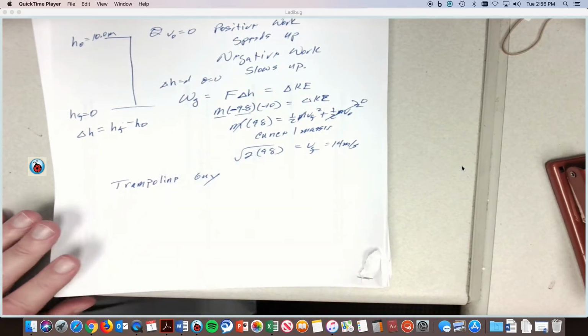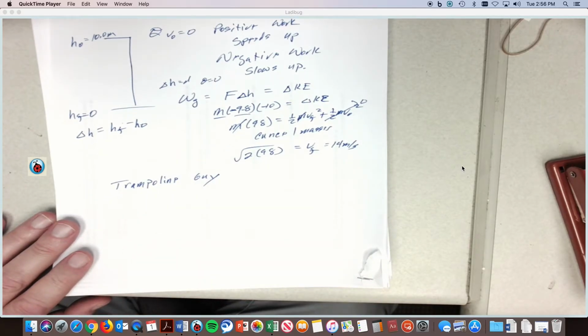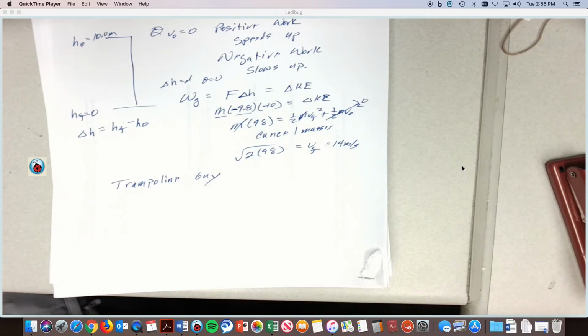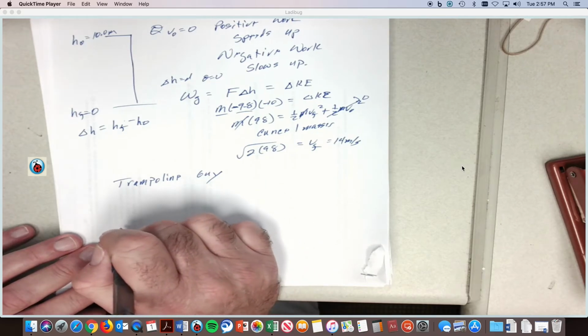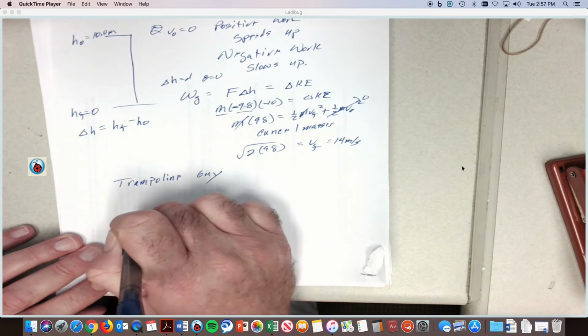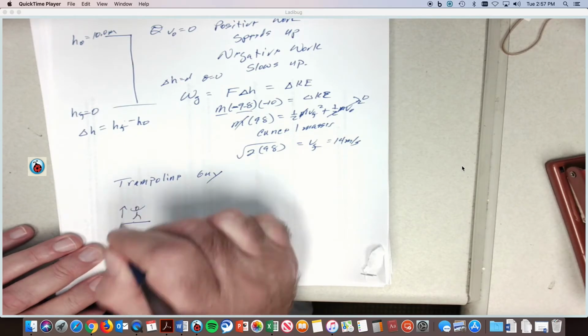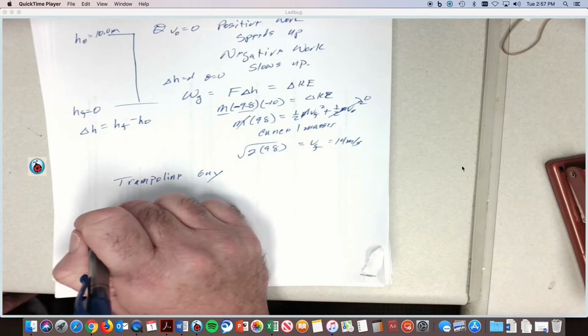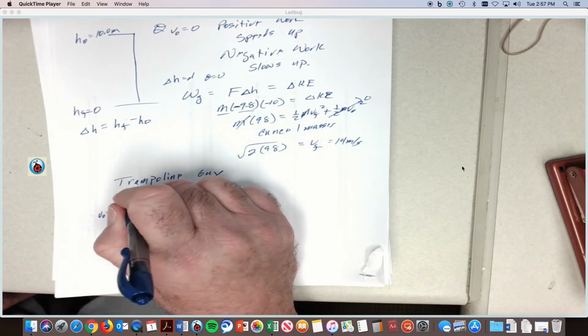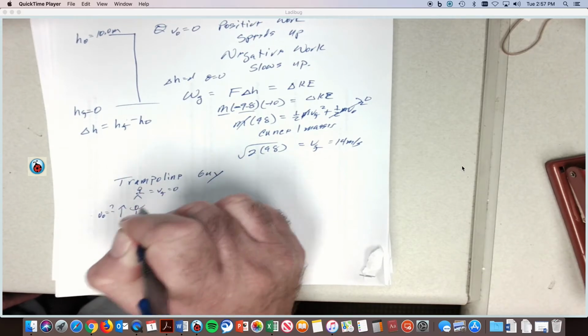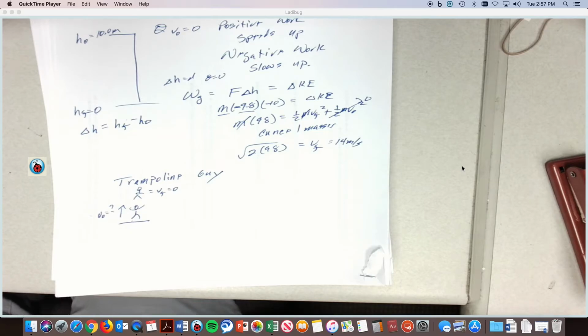I can't remember what height he took off from, but it doesn't matter. Let's just take any trampoline guy who catapults up. He leaves the trampoline at an initial velocity that we don't know, reaches a final velocity equal to 0, and we know the distance he traveled.